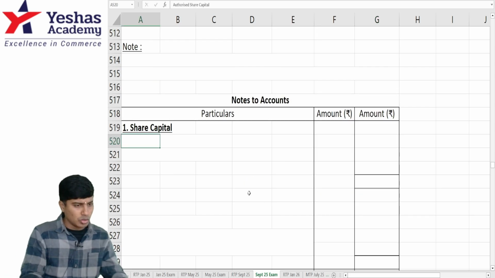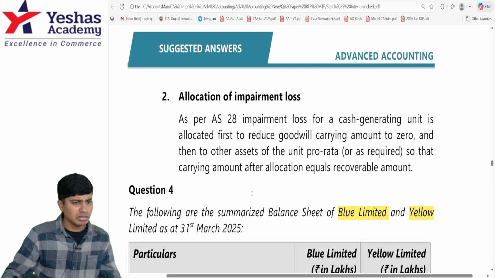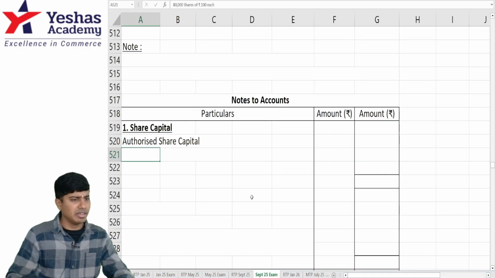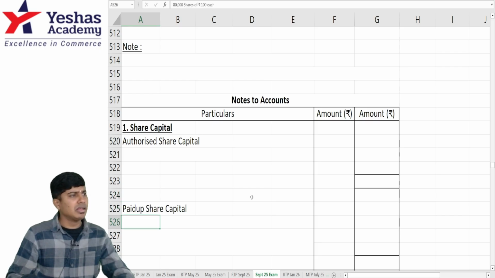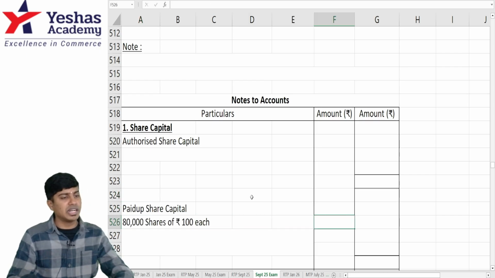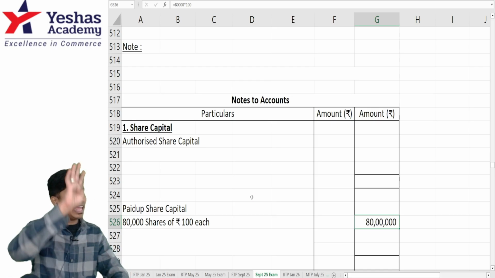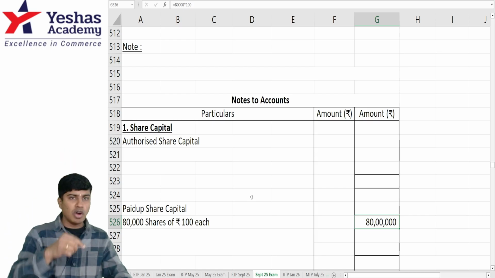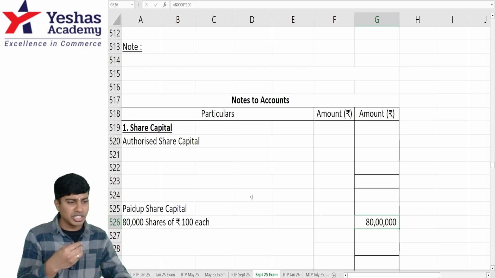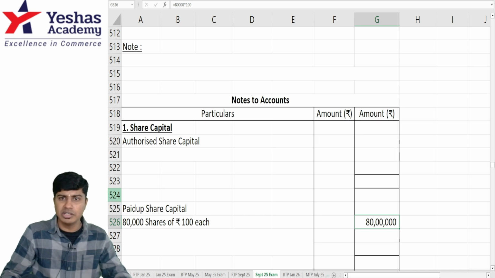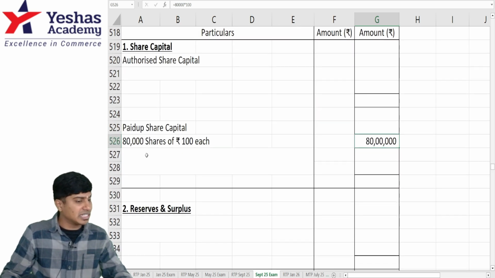Authorized capital, though I don't know. Have they given authorized capital? Not given. Leave that empty. I would write here, paid up share capital, 80,000 shares of rupees 100 each. How much? 80 lakh. In that, 40 lakh was there before amalgamation. 40 lakh worth of shares, 40,000 shares, are issued in the process of amalgamation, for which I've got non-cash consideration.